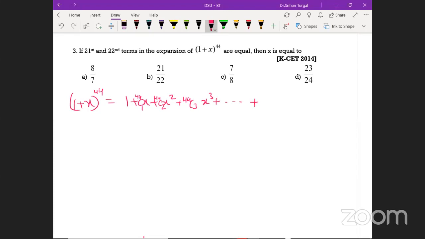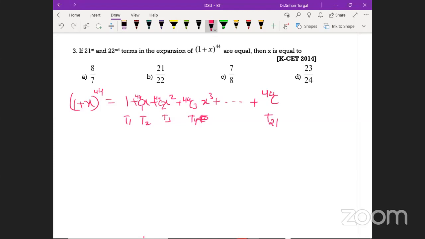If I expand like this, this is t2, this is t3, t4. What is the 21st term here?